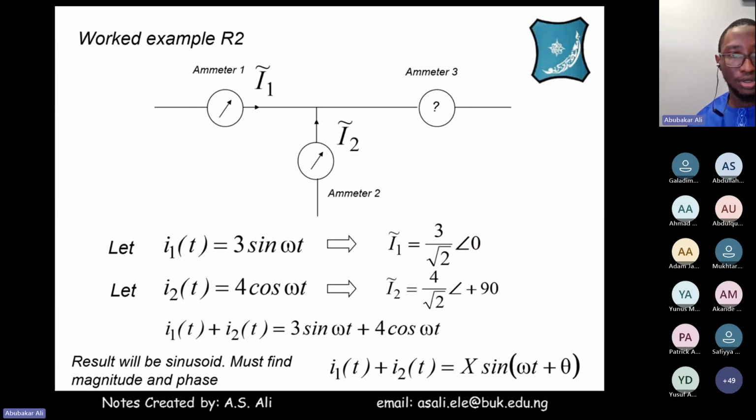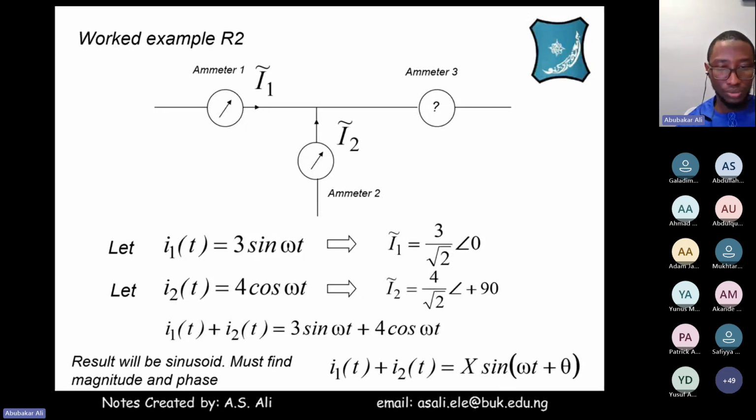All right. So this is another example. Assuming you have an ammeter, A1, and another one, and you want to find the value. I think we did this one, right?